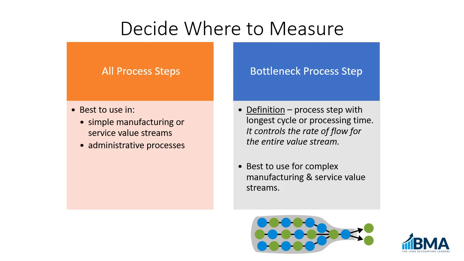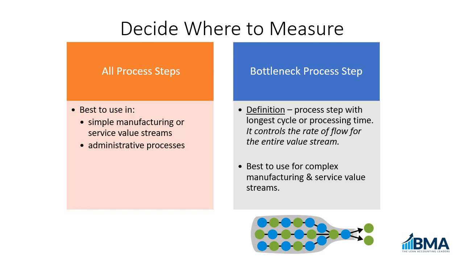Now it's best to measure capacity at the bottleneck step in complex manufacturing value streams and service value streams. Bottlenecks are also called pacemakers or constraints. Again, this is a choice, okay?